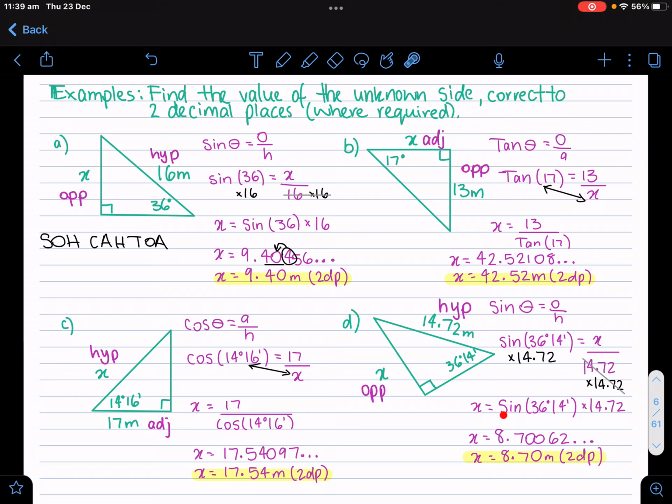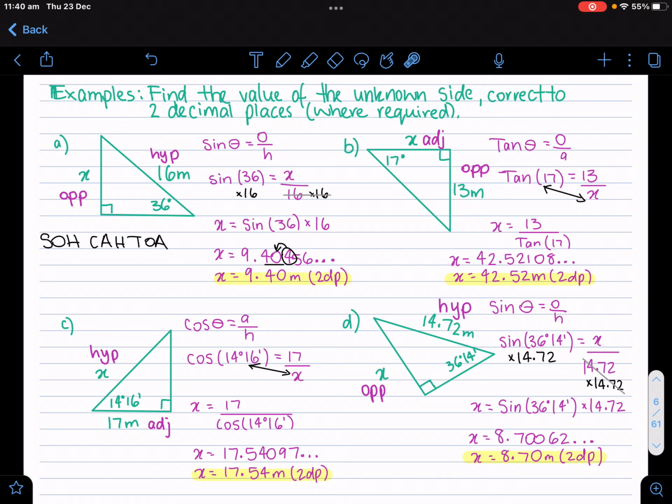In the calculator, I'm going to type sin, and the bracket comes, 36, then the degree button, 14, then the degree button again, close the bracket, times 14.72. Just like we did for the previous example, we do sin, and the bracket automatically comes in the Casio FX Pluses, 36, degree button, 14, the degree button again, and then close bracket times 14.72.